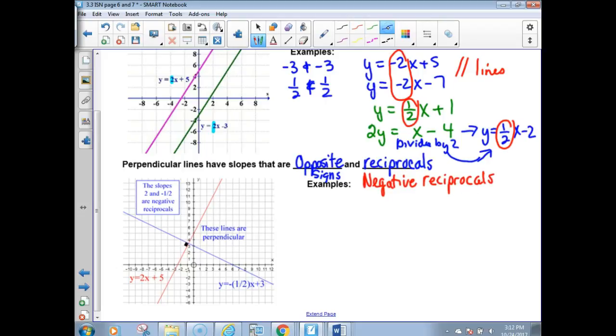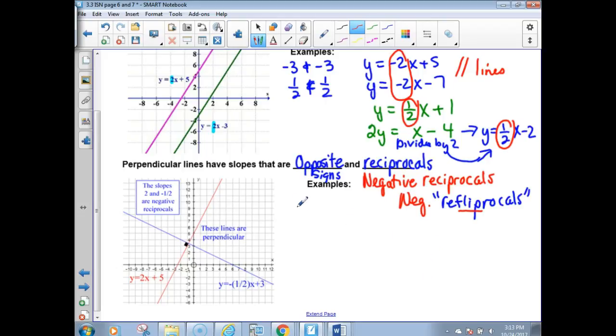And then I have my way of saying it, I call them refliprocals. What does that remind you of? The flipping. Okay, negative refliprocals or opposite refliprocals.